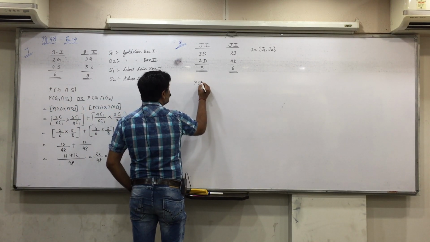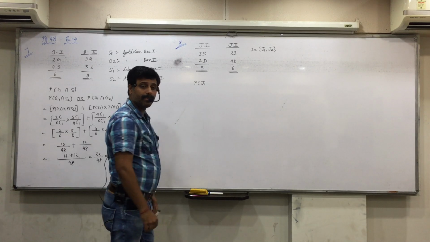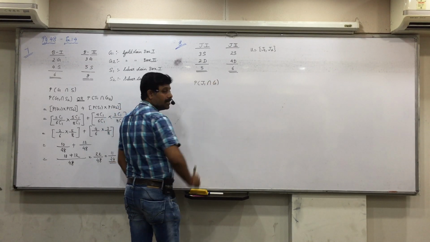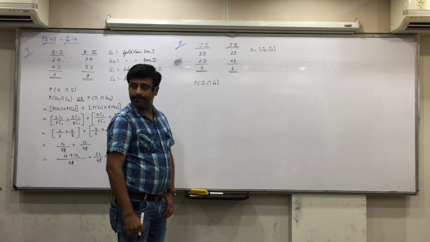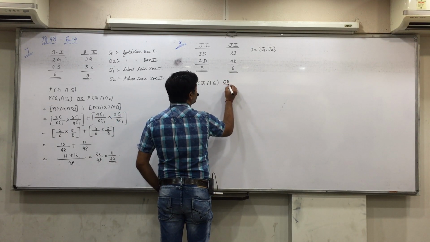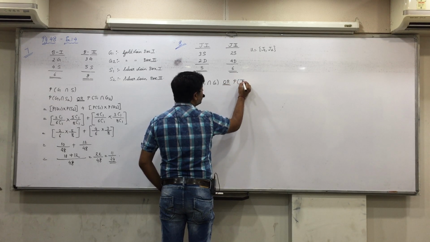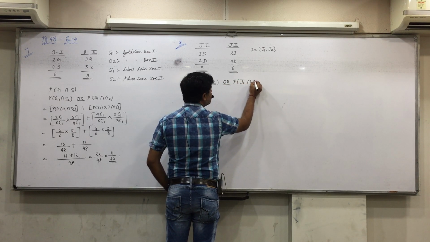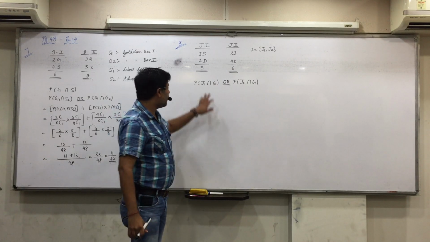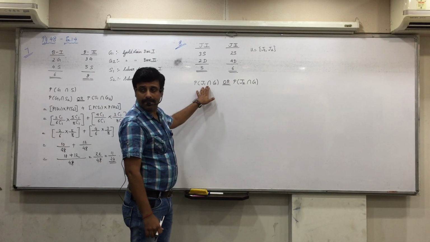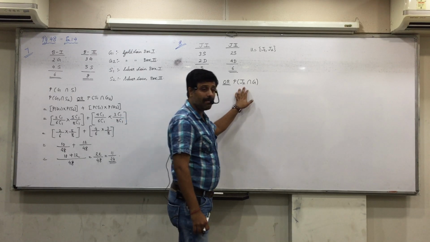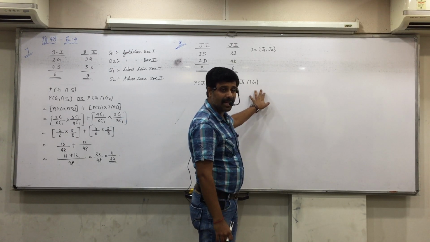One, you select joint family 1 and the child is a girl. Or you select joint family 2 and the child is a girl. Okay, you select joint family 1, J1, and means intersection, the child is a girl, or you select joint family 2, J2, and the child is a girl.